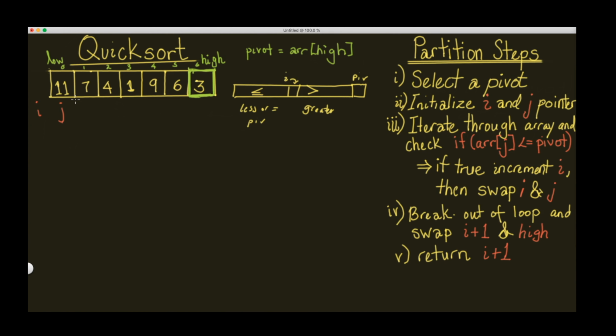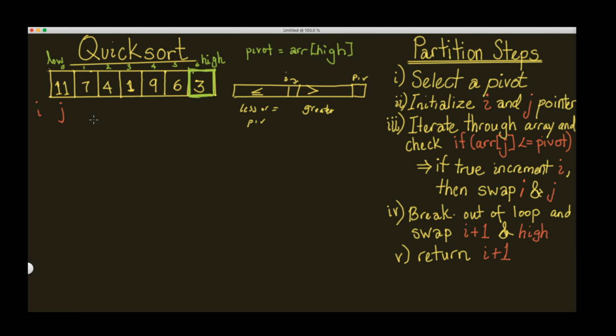So as we start to iterate through this array, we're going to check to see if our condition, array j is less than the pivot, holds. Remember, our pivot is 3. We're trying to check to see if array j is less than that.